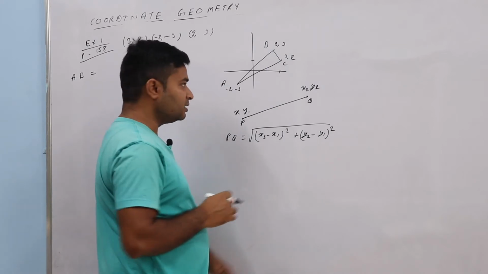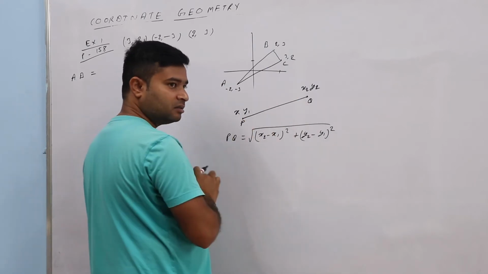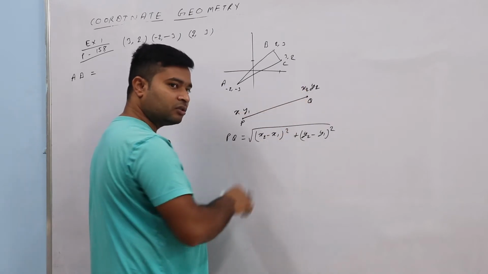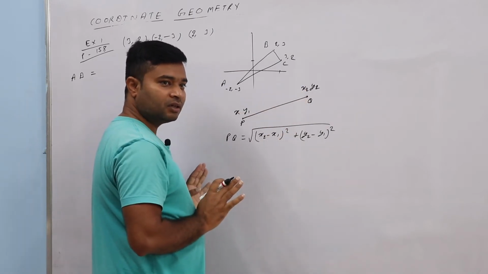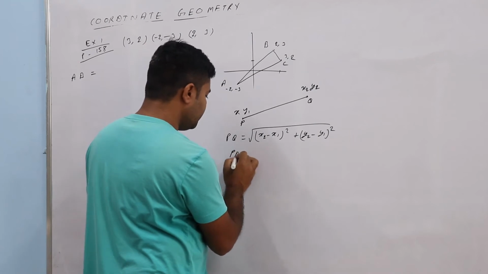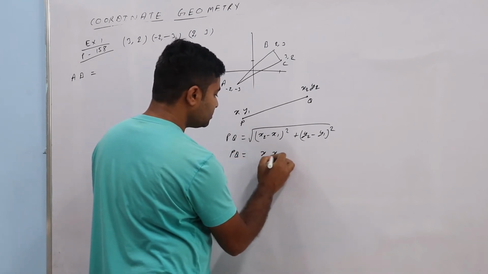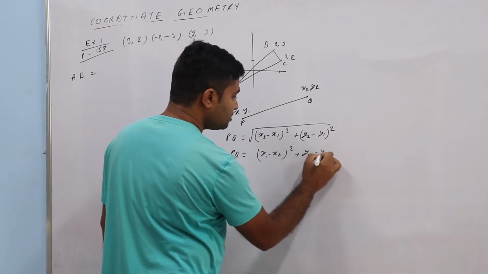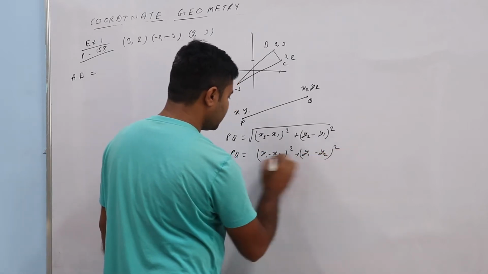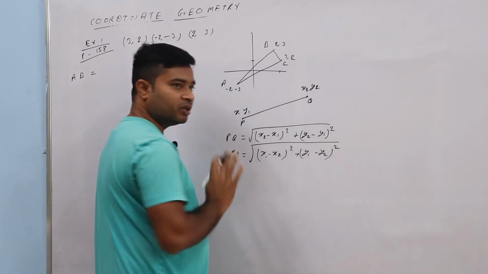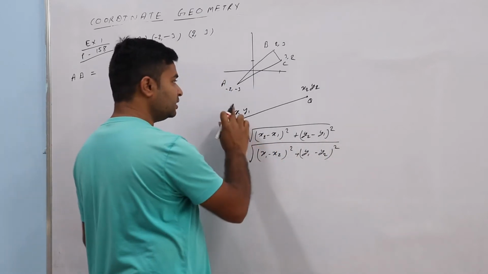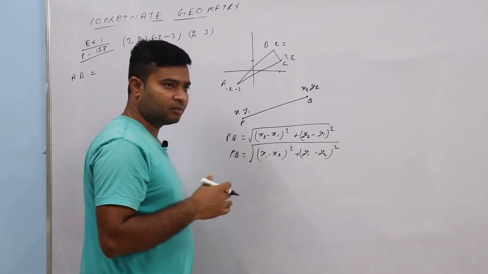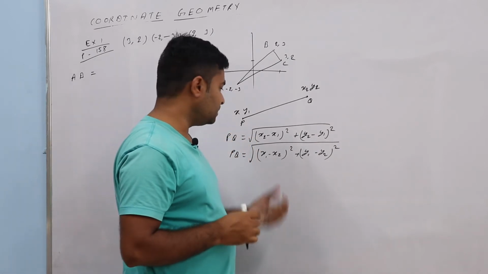See, I subtracted this minus this. If you subtract x1 minus x2 also, the answer will be the same only. PQ equals root over (x1 minus x2) square plus (y1 minus y2) square; even then the answer will be the same.